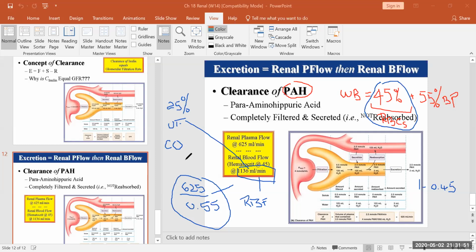So every time your body wants to cleanse your blood, it takes time because only 25% of the cardiac output, the total volume of blood coming out of the heart, only a quarter of it will go to the kidney. And of that, only 1/5 of it is being cleansed.